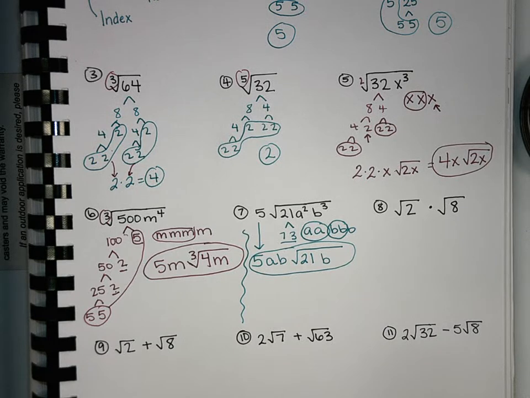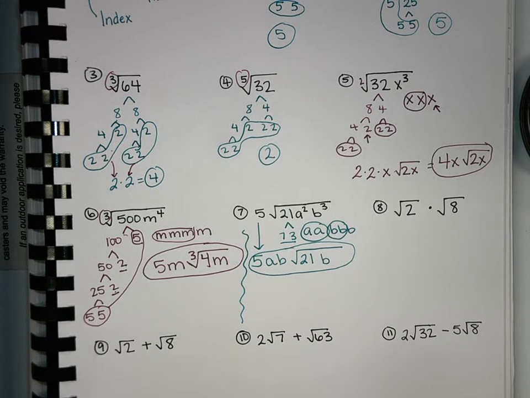If you know 2 through 5, that's a pretty good start, and it'll help you with cube roots go a little bit faster. Do you have to? No, because you can always fall back on your tree, but if you know those, it'll help you go a little bit quicker.